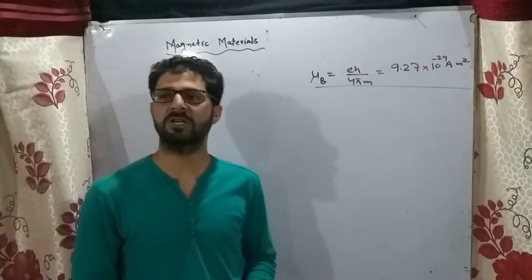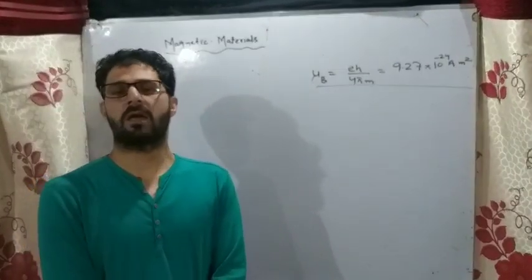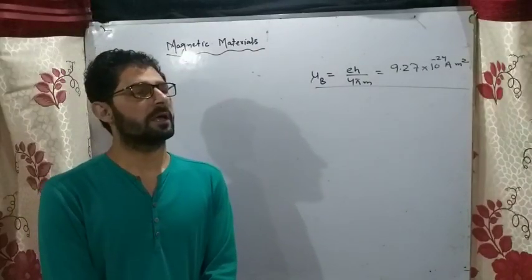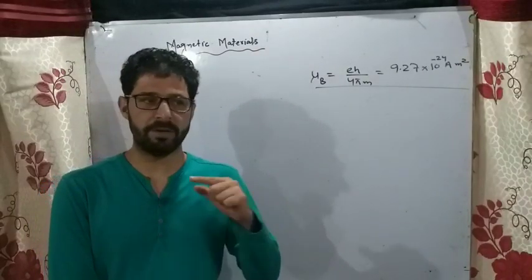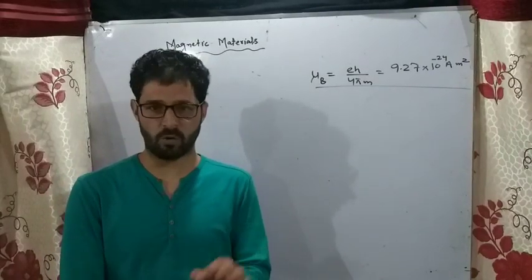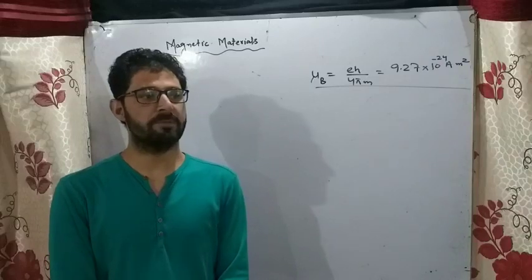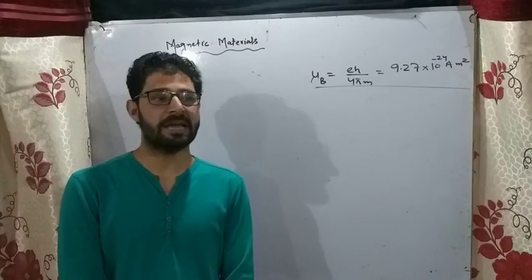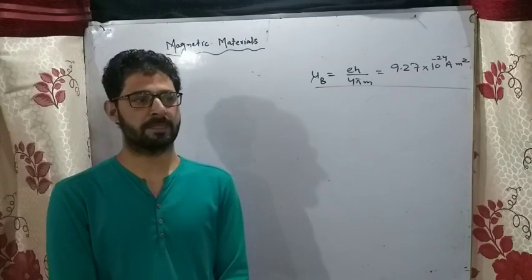Or in other words, we can say every orbiting or revolving electron behaves like a tiny dipole. It has a dipole moment.